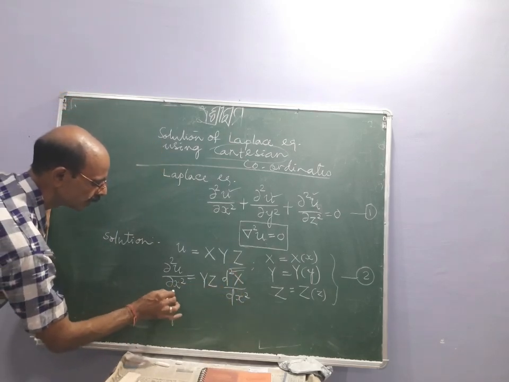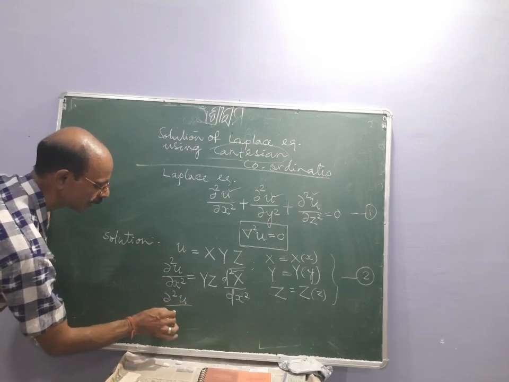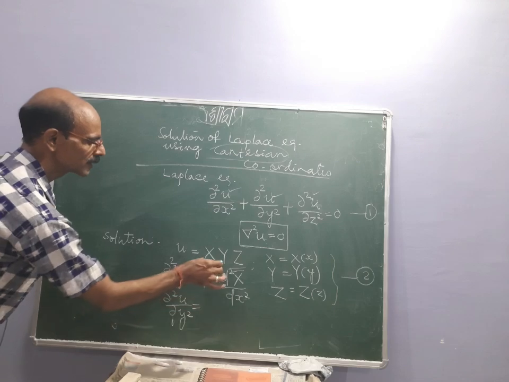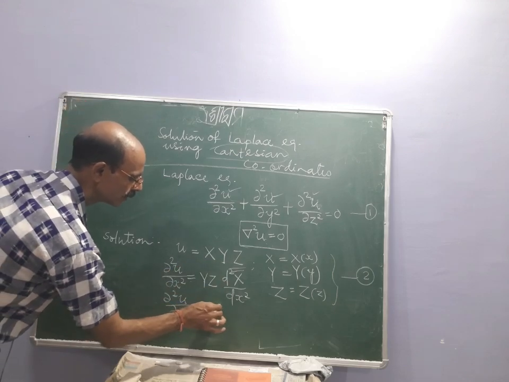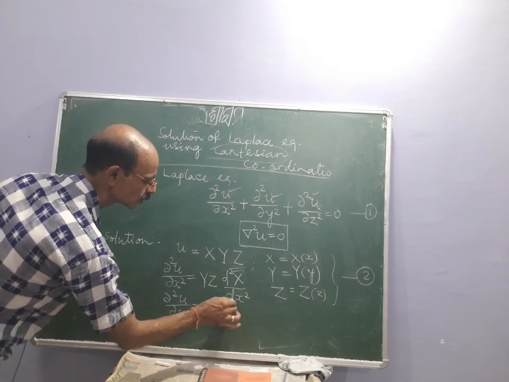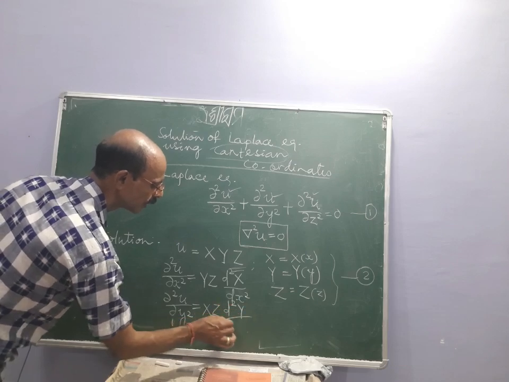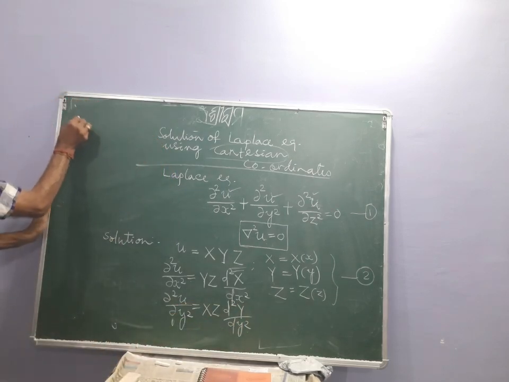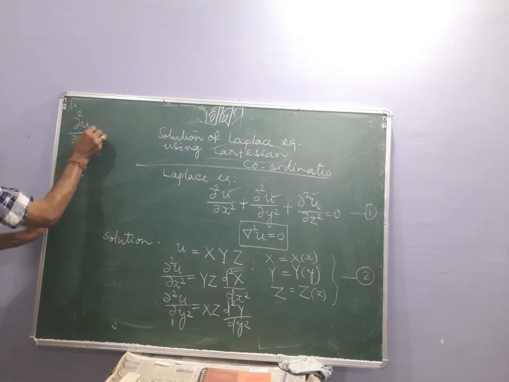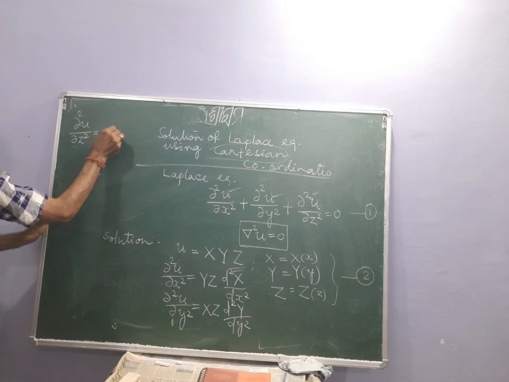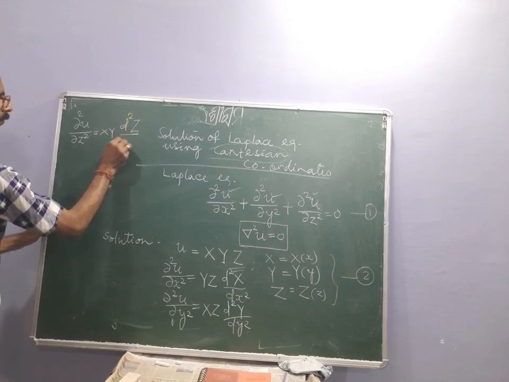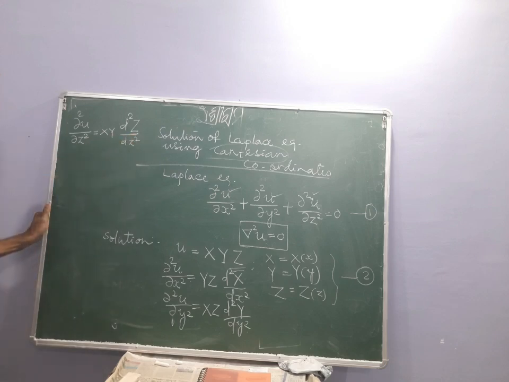And del square u by del y square is equal to, here with respect to y means X and Z remain constant, so XZ d square Y by dy square. And similarly del square u by del z square is equal to XY d square capital Z by d small z square.